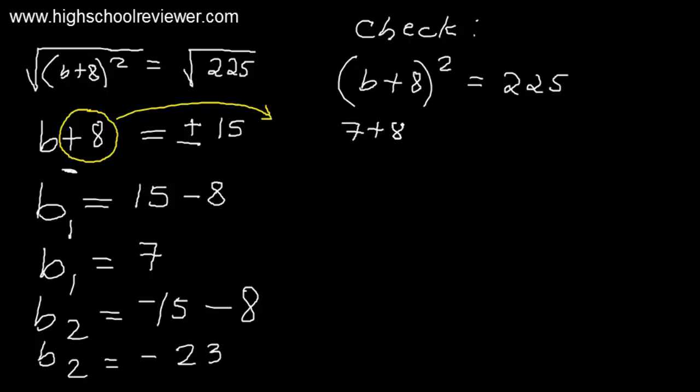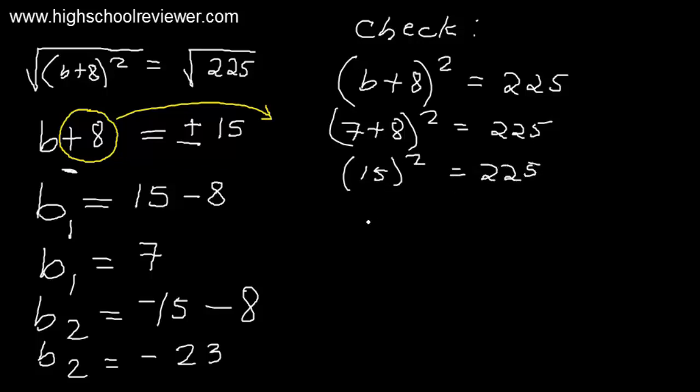So 7 plus 8 raised to the power of 2 equals 225. We have 15 raised to 2, which is 225. So the first value for b, positive 7, is correct. Let's check negative 23.